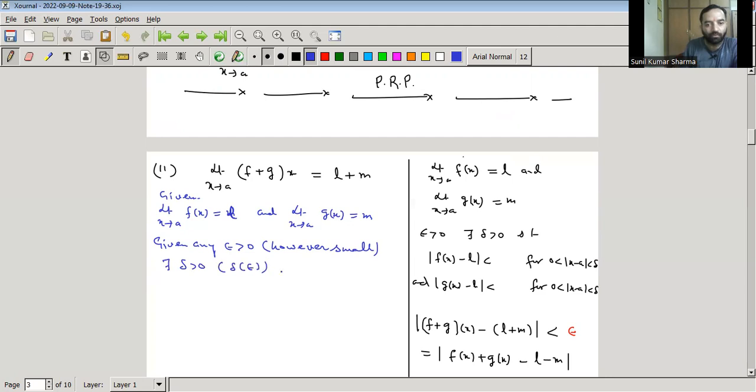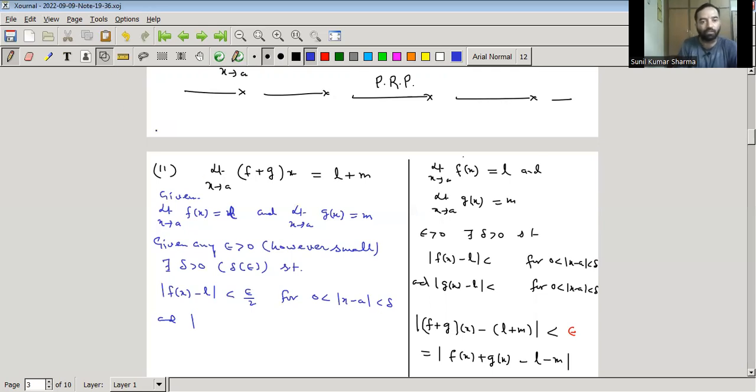This delta depends upon epsilon such that mod of f(x) minus L is less than epsilon by 2 for 0 less than mod x minus a less than delta, and mod of g(x) minus m... because we have two functions, it may be that one delta works for f(x) and another delta works for g(x). So we cannot say the same delta will work.